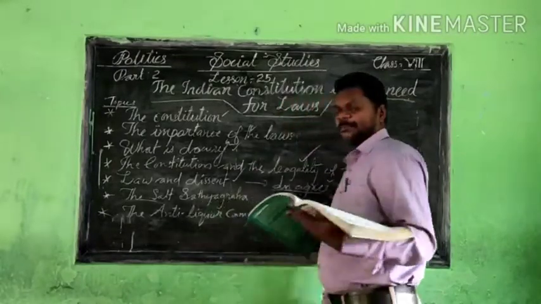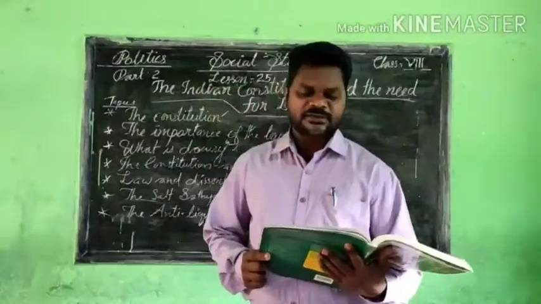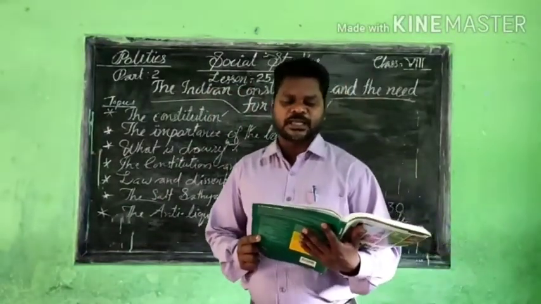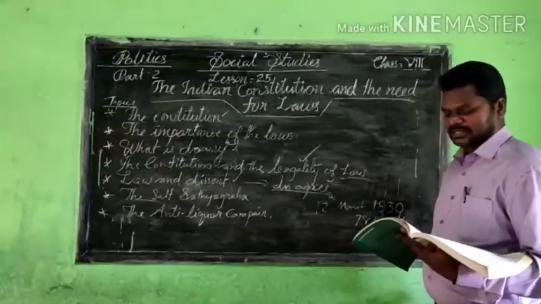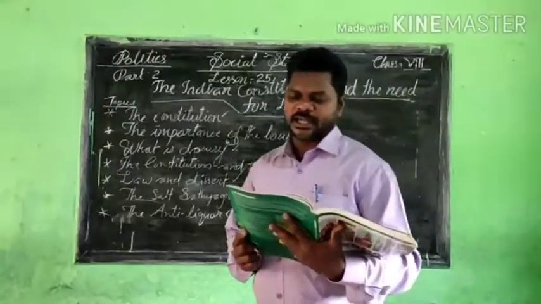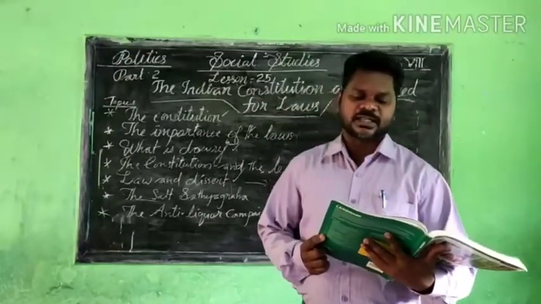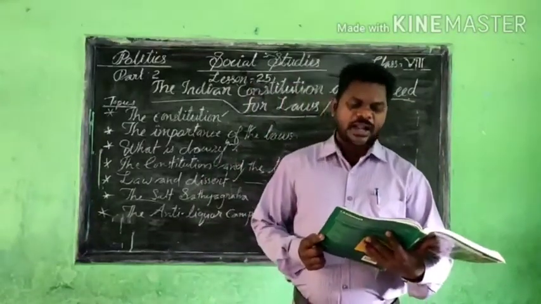Here it is mentioned that on the 12th of March 1930, Gandhi with 78 followers marched from Sabarmati Ashram to Dandi, a small village on the coastal area of Gujarat.